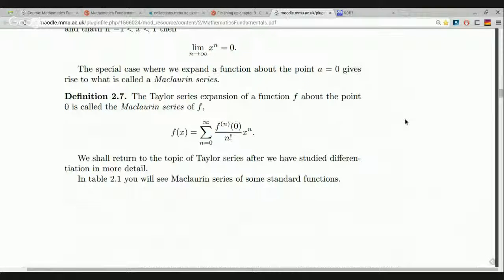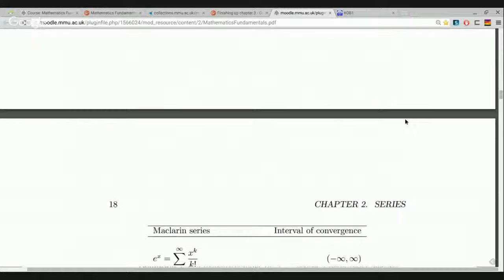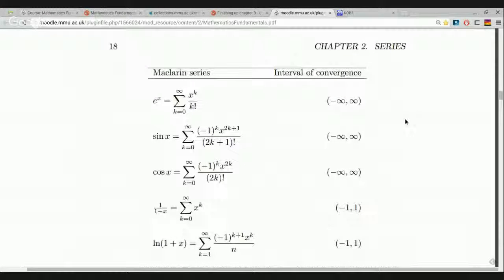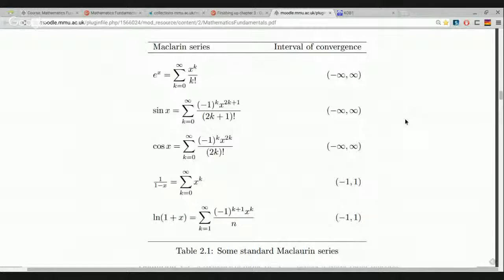Okay. Well, we can have a look now, just to get a feel for it, a taste for it. Here are some common power series. In general, these are called Taylor series, but when they're centered at 0, they often have the special name Maclaurin series. Various names are attached to them, but they're all examples of power series.